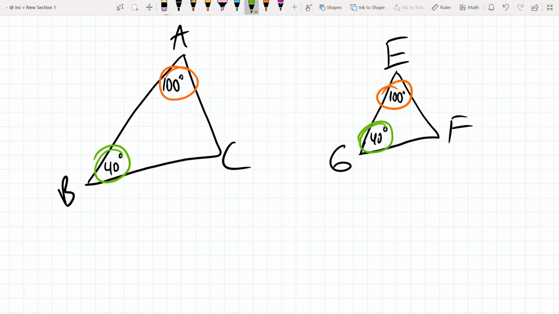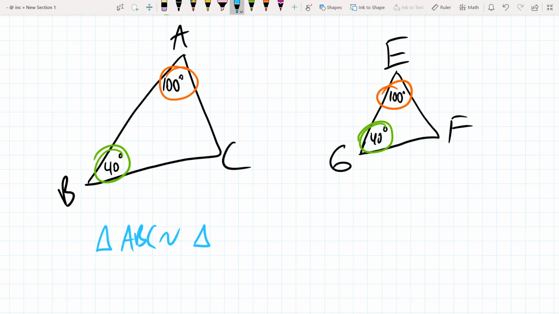Now, in terms of explaining it, they just want you to write it out in words. So you could say something like, triangle ABC is similar to triangle. Now notice the order of these letters matters. So the left triangle, I called it ABC.